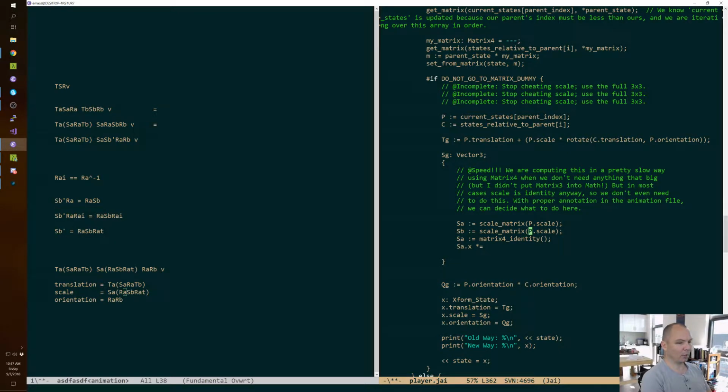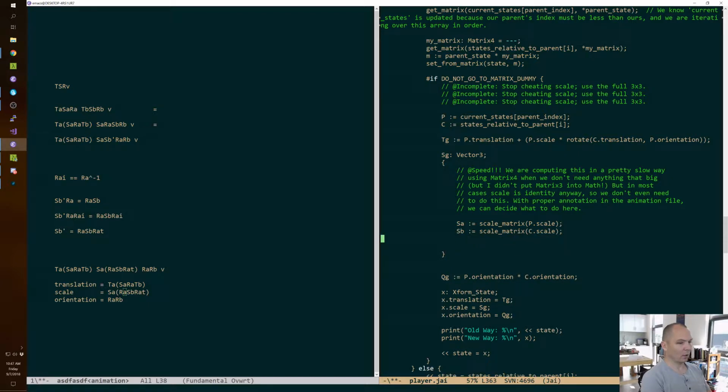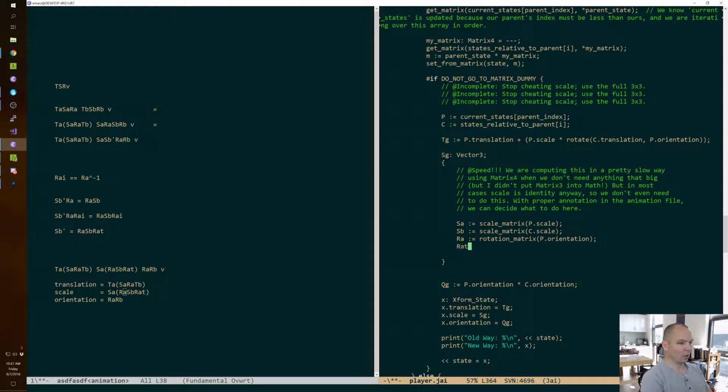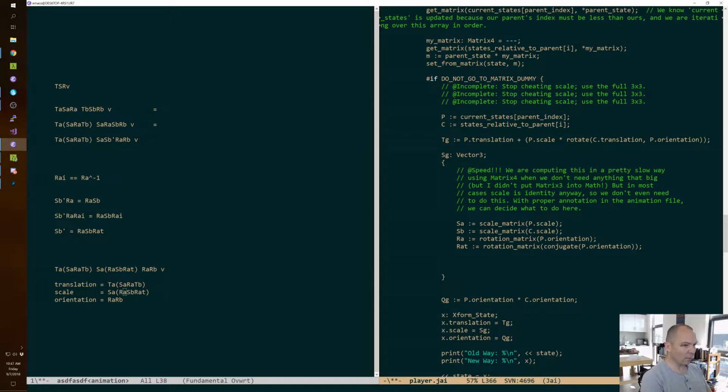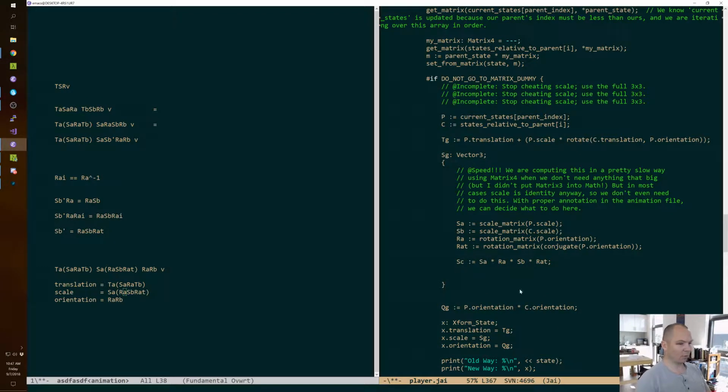SB is scale matrix of child scale, right? RA is rotation matrix of parent orientation. RAT is rotation matrix of conjugate of parent orientation. And then, okay, SC is SA times RA times SB times RAT, right? So that's just this thing.